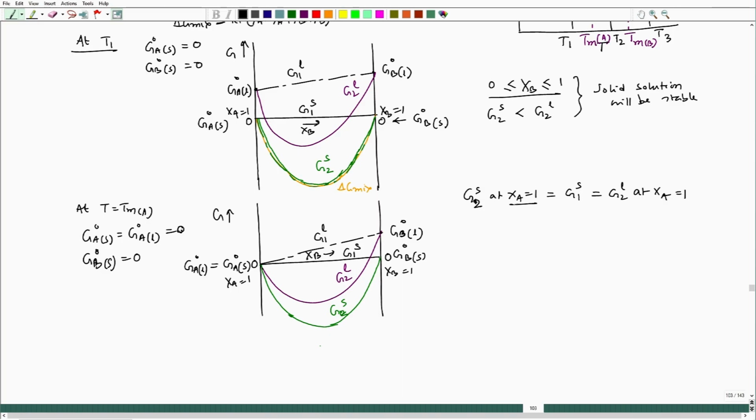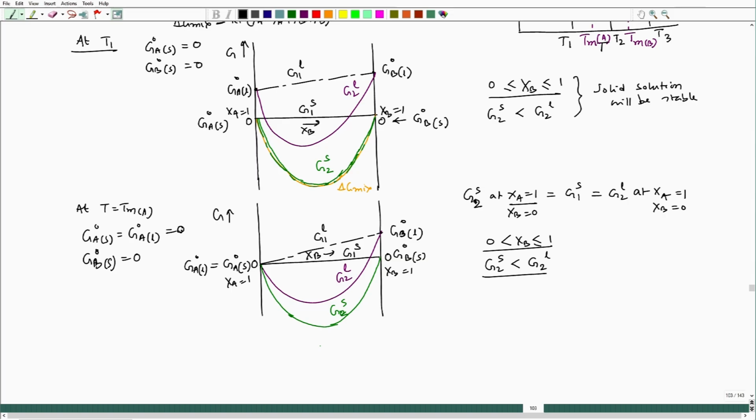Fine. So, only at XB equal to 0, or we can say except XB equal to 0. That means if I try to see the composition pattern, for XB equal to 1 and this composition range, I see that G2 solid is less than G2 liquid.